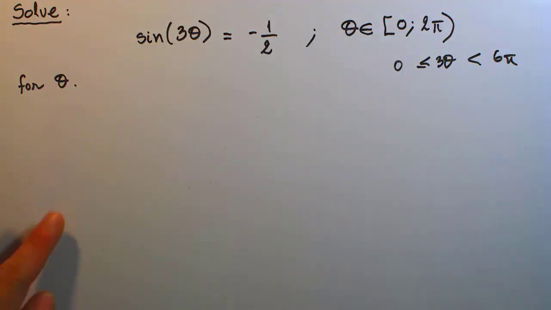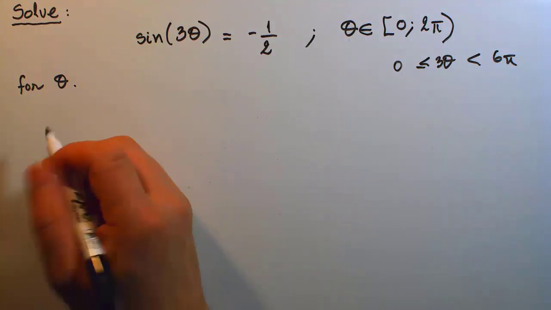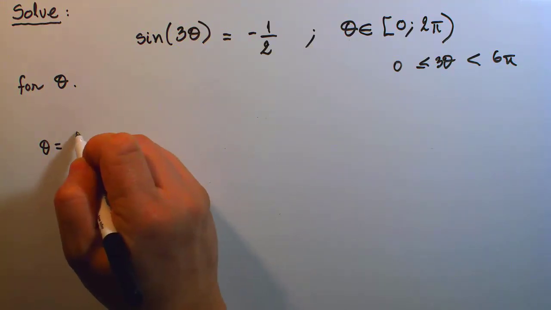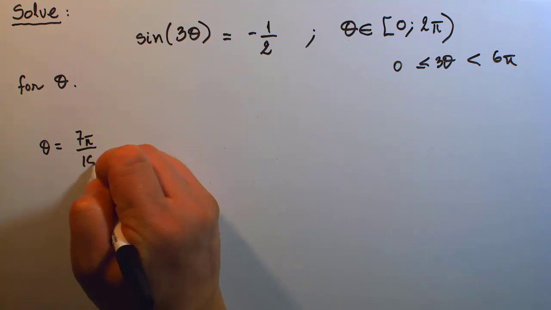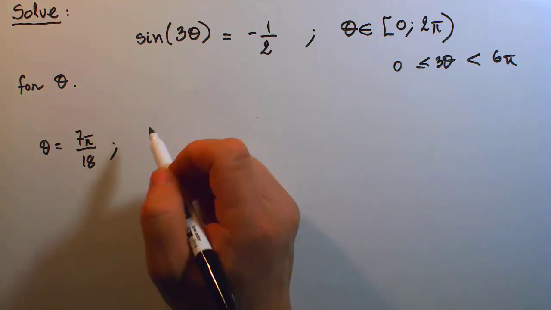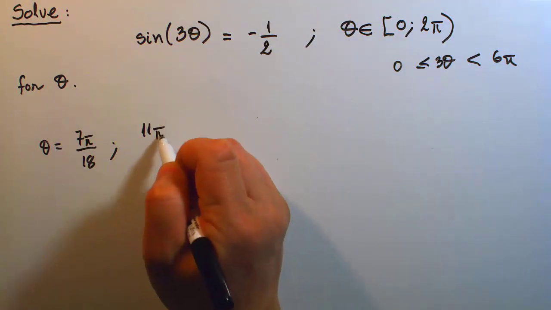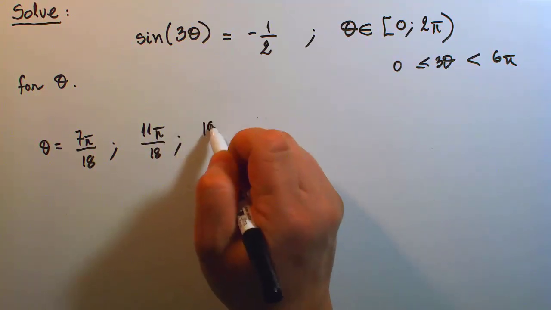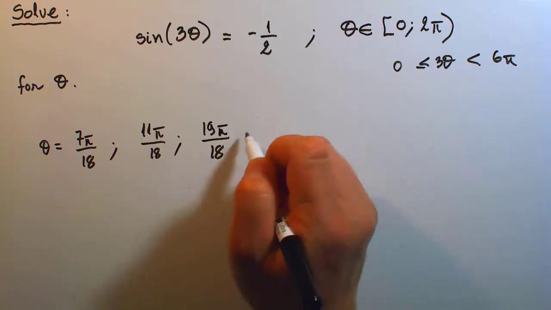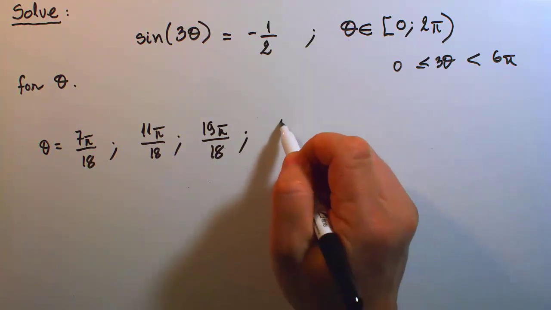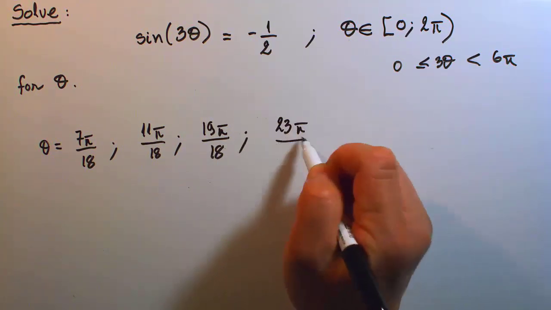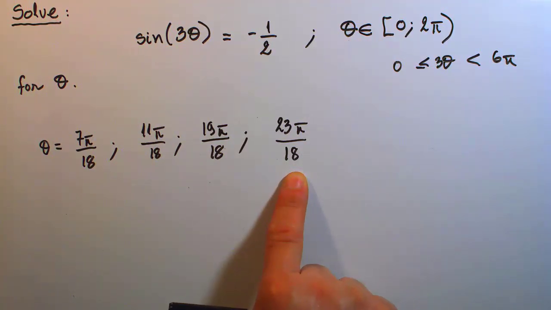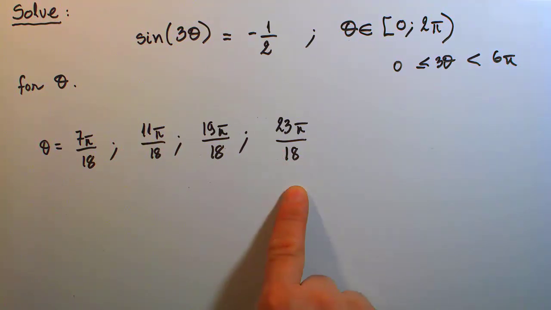So now our final concluded solution: we have found theta equals 7 pi over 18, that's one of them. Theta equals 11 pi over 18. Theta also equals 19 pi over 18. Theta can also equal 23 pi over 18, where I made a mistake saying 23 pi over 6 for a little while, but it's supposed to be 23 pi over 18.